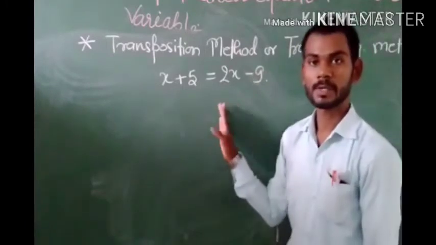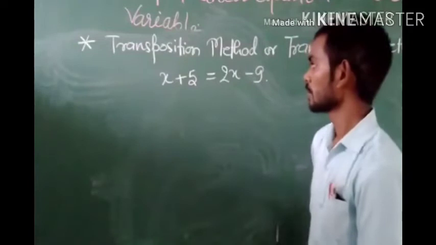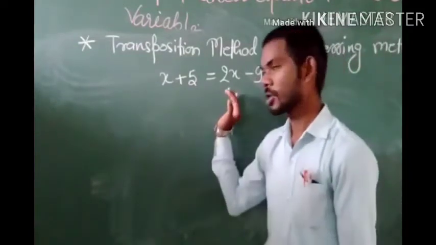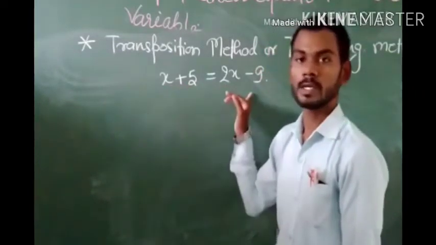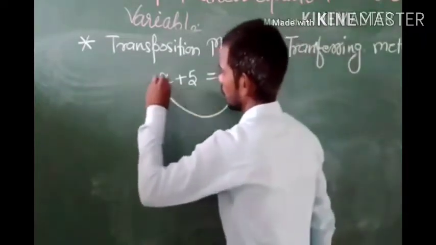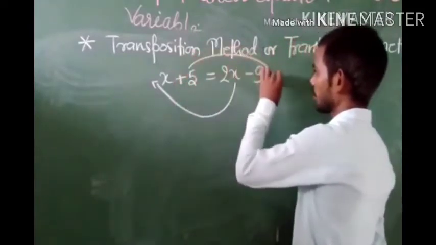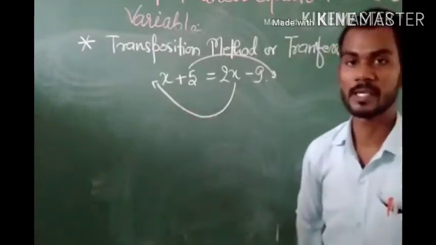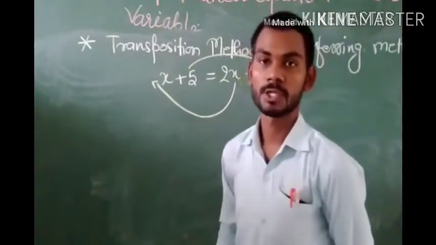This is a linear equation in one variable. Here we have to transfer the algebraic term, that is the literal term or variable term, to one side and the constant term to the other side. That is, we have to transfer 2x to the left hand side and transfer 5 to the right hand side. Then this method is called the transferring method or transposition method.